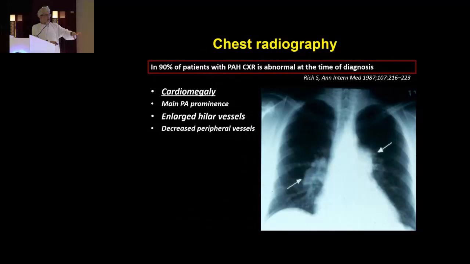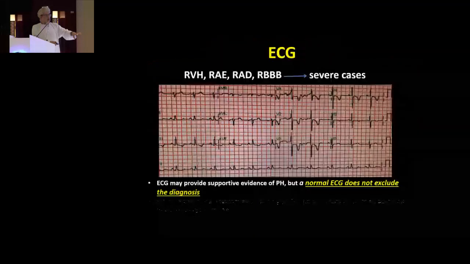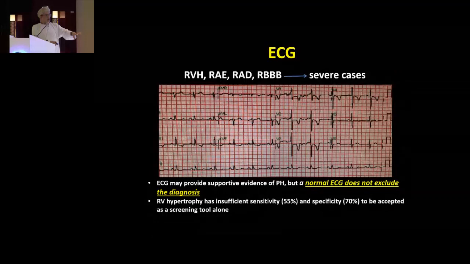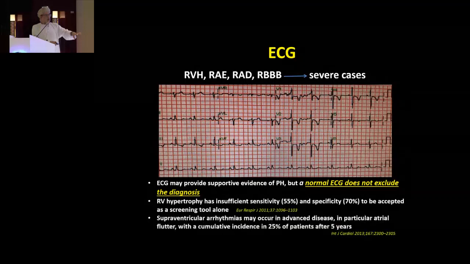In severe cases, you may get right ventricular hypertrophy, right atrial enlargement, right axis deviation, but that is in severe cases. Right ventricular hypertrophy is insufficient diagnostically, not sensitive, not specific. That's why ECG is not a good screening tool for pulmonary hypertension.